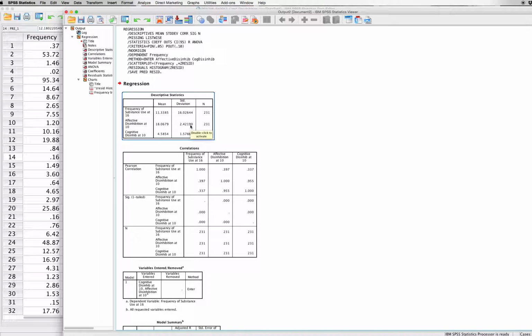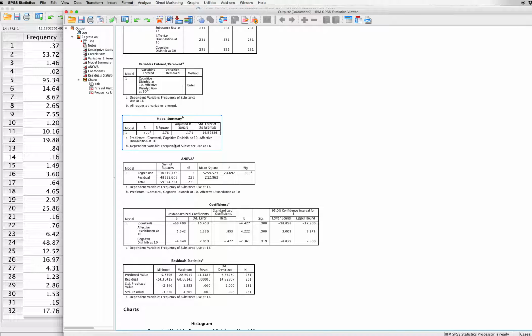Starting off with the same descriptive statistics, we also have a correlation table. We look at the R-square value. This time around, 18% of the variance is explained by both of these IVs in our model. So overall, this model is explaining about 18% of the variance.